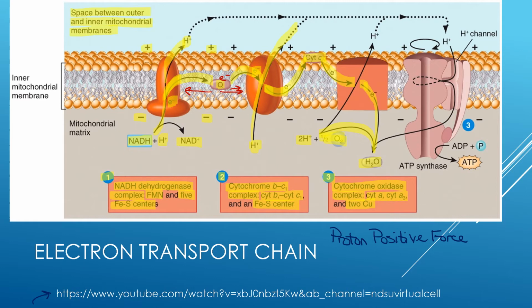Now each of these complexes moves hydrogen atoms into the space between the inner and outer mitochondrial membranes, and it creates this really big electrochemical gradient with a huge amount of potential energy. So this space here, because we have so many hydrogen ions and this huge electrochemical gradient, we have this massive amount of potential energy.